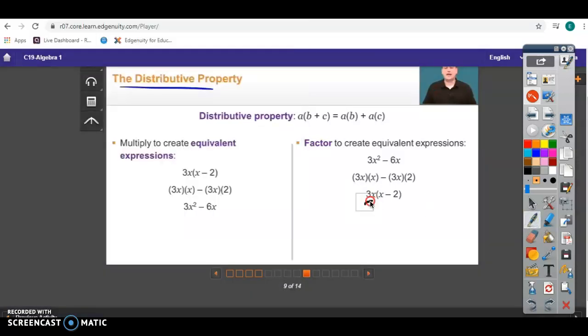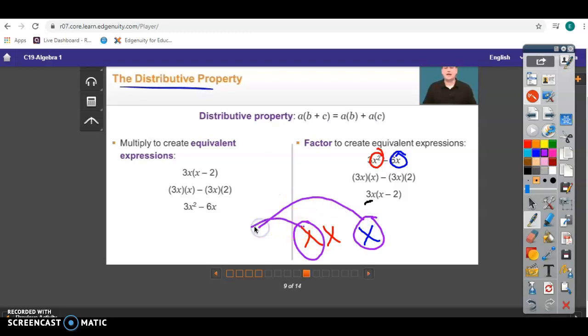And then the x's, right? This one has 2, and this one has 1. So they have 1 x in common, both of them. I can take out 1 x. That's why they took out a 3 and an x.